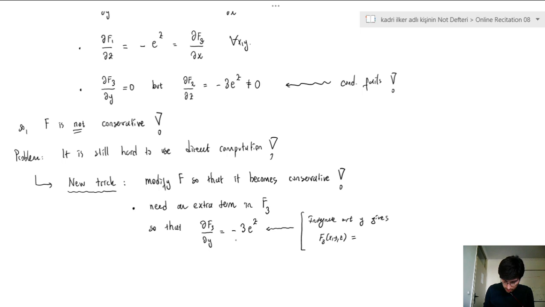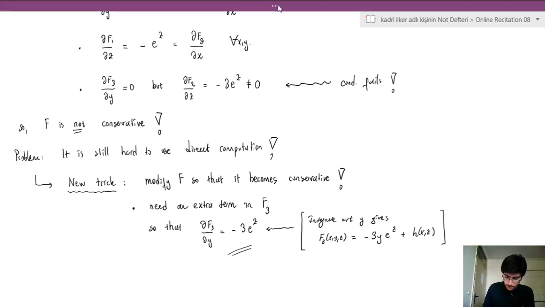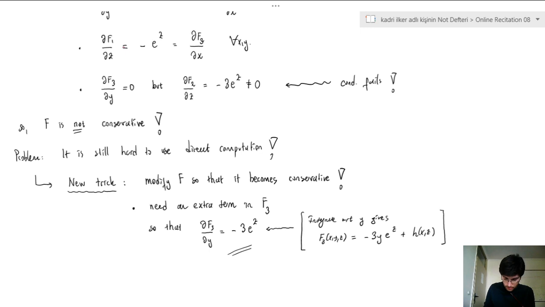If you integrate this expression with respect to y, we have something like this, plus h, some function depending on x and z. Fine. Now we have a hint. The hint is this term. We need a term like this.